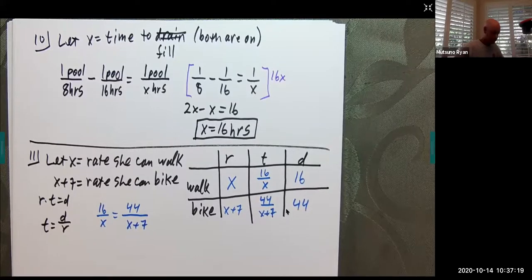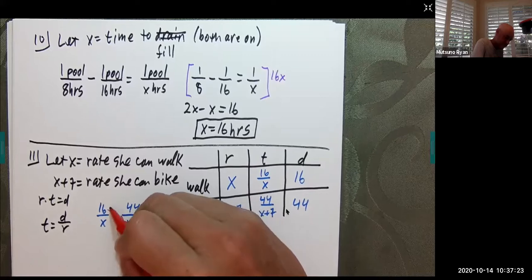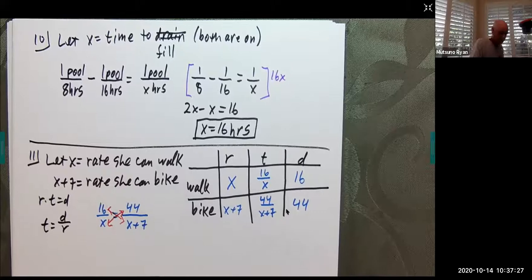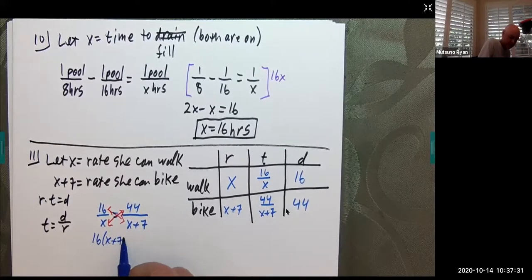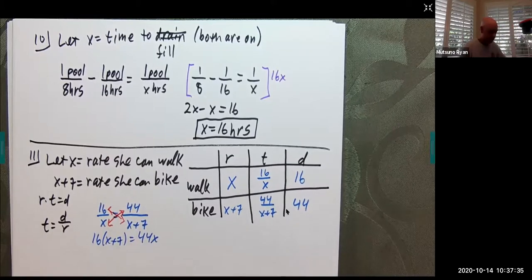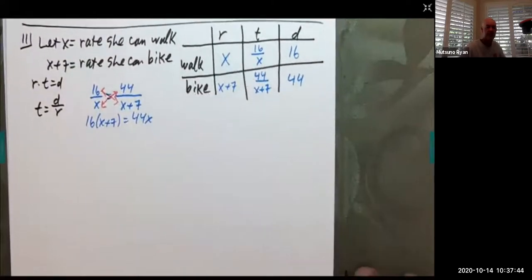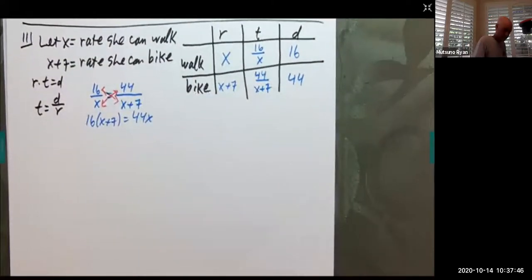I'm going to cross multiply here. There's my equation. Let's speed that up a little bit. And I'm going to distribute the 16.